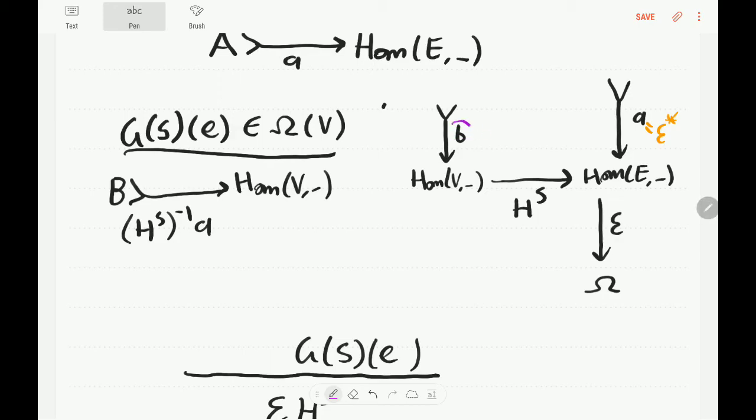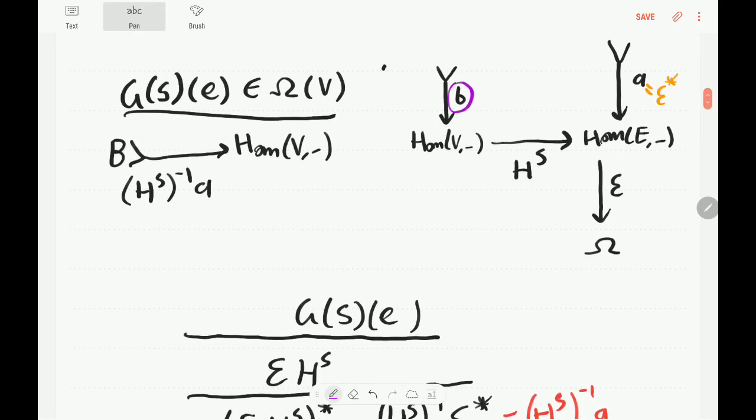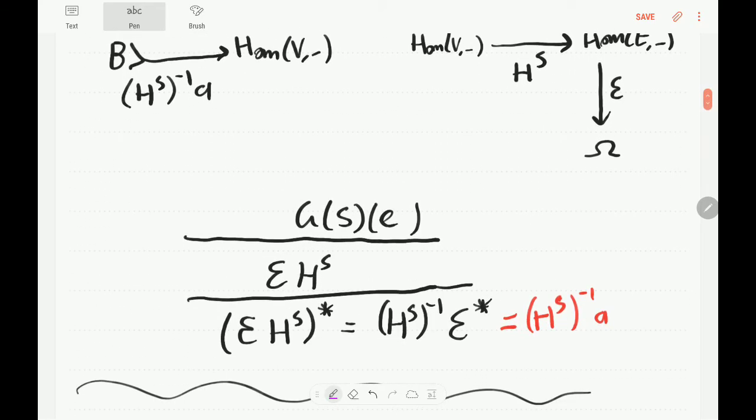And that's going to be this B here, which is the thing that corresponds to doing the S action.